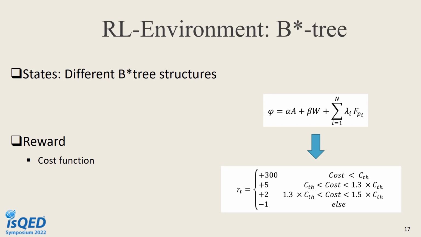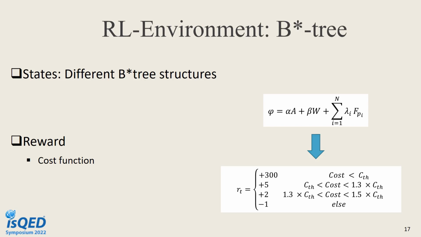We calculate the reward based on the cost function. In our cost function, we have the area, the wire length, and also the fogging effect variation between transistors in sensitive pairs, and each of them has its weight. As you can see, alpha, beta, and lambda are different weights for area, wire length, and the fogging effect variation.